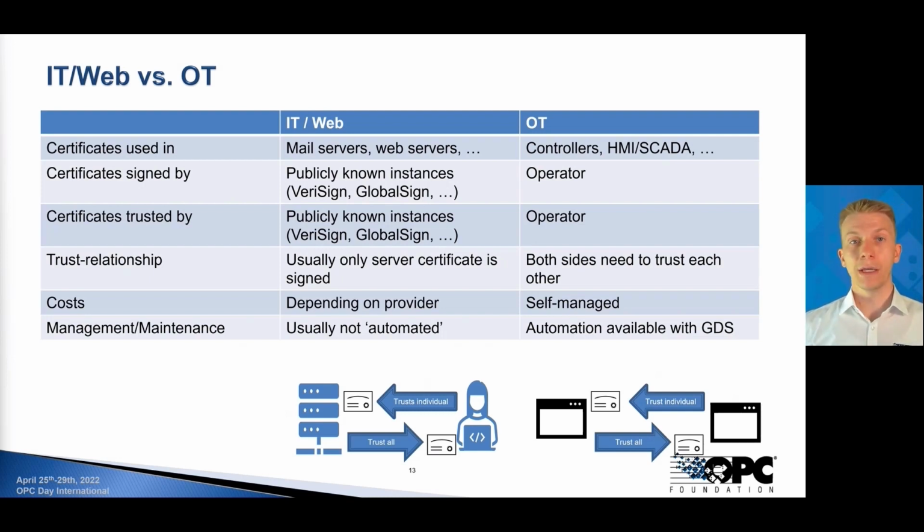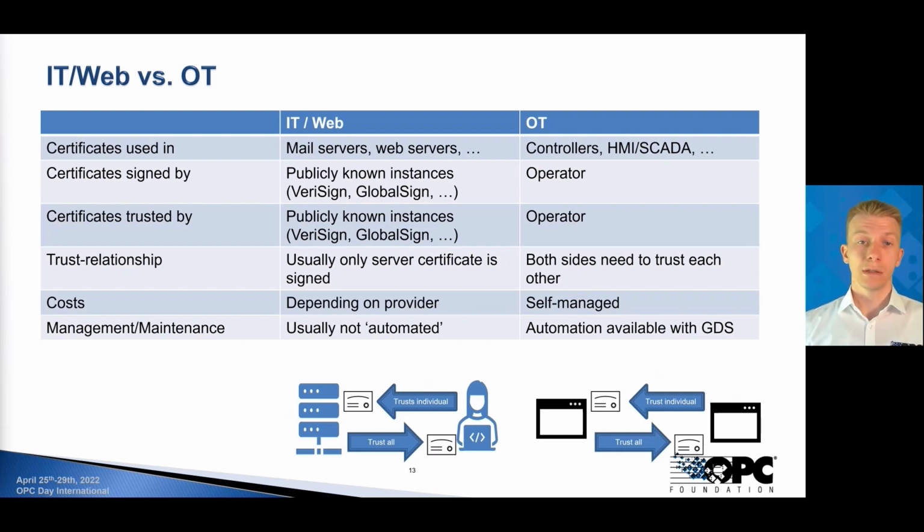Now, with OPC UA, you have already heard that having a big scenario with a lot of different OPC UA applications is a big problem because the maintenance is quite high. This is actually also the case with IT. When you need to renew a certificate for a web server, you need to go to your issuer again, the company which provided you the certificate, repurchase a renewal and then update your web server.